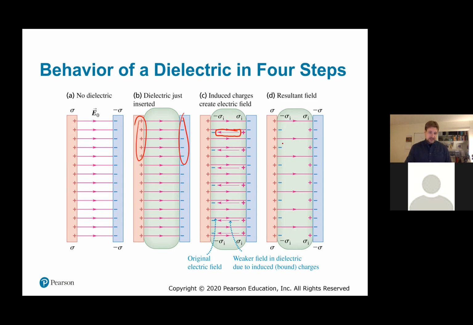Now, this is potentially problematic. If we start thinking about Gauss's law and we draw a Gaussian box, third dimension not shown, do we have to include this charge?